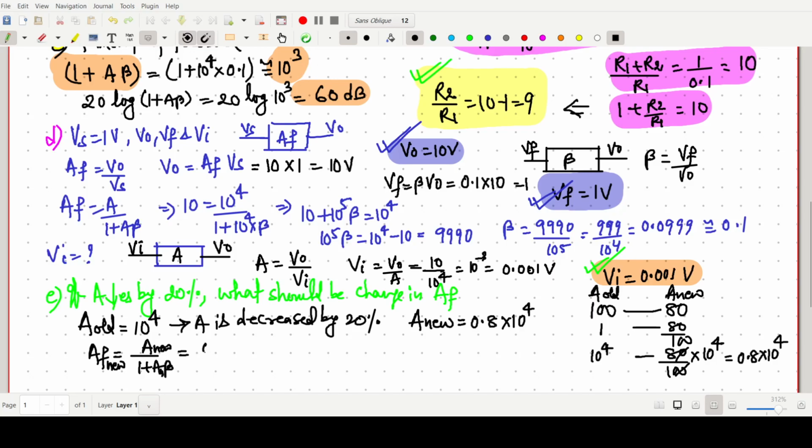So it should be 0.8 into 10 to the power 4 by 1 plus 0.8 into 10 to the power 4 into, we can take 0.1, or we can take the value of the original one, 0.0999.